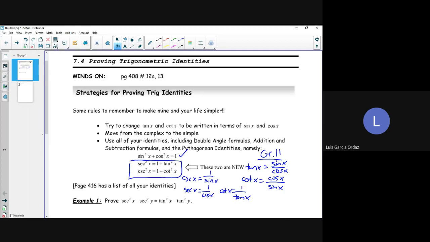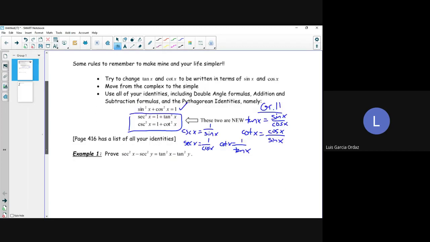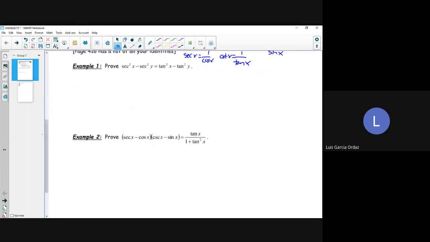Okay, so like I said, when it comes to trig identities, there's always one side that's more complicated than the other. So we might as well just focus on that side as opposed to trying to simplify both sides.